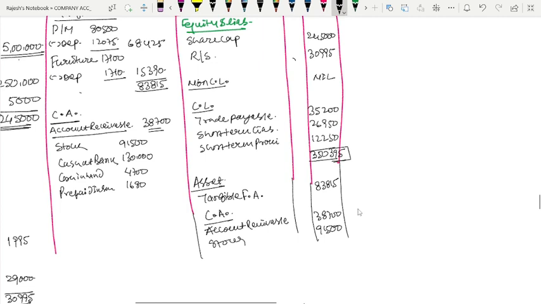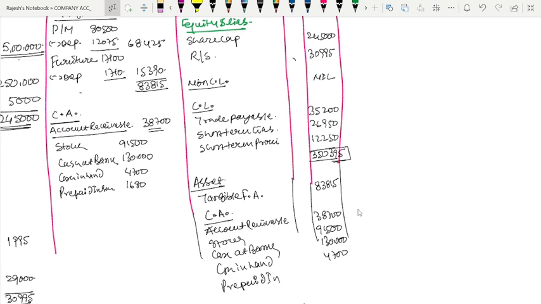Now after this, cash at bank 1,30,000. Cash in hand 4,700. Prepaid insurance 1,680. When you total it, it will come 3,50,395. Wow.